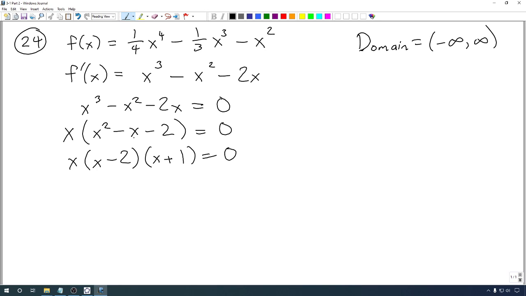When we add those together, we get -1, but when we multiply them, we get -2. Now we have a product of three things equaling 0. That means one of those three things has to equal 0. So our possibilities here: x itself could be 0, x could be 2, or x could be -1. Those are our three possibilities, and those are our critical numbers.